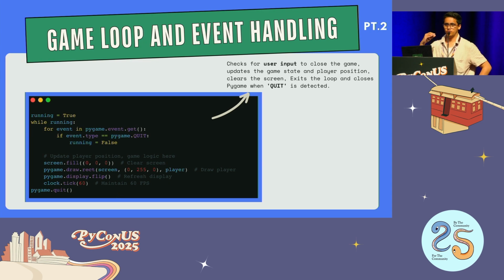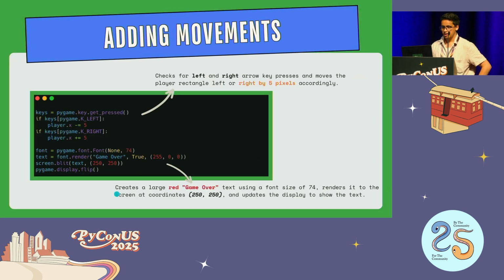Maybe once the game level is done, you want to move to another level, so you flip the entire screen and move to the other one. You can also add movements. You can work with event listeners, like keyboard movements and mouse movements. You can change the coordinates, just like on a 2D Cartesian plane, when you're working with 2D or 3D graphics. And you are also rendering fonts like game over, and what color you want to give it.